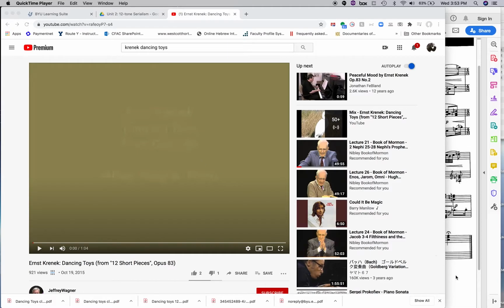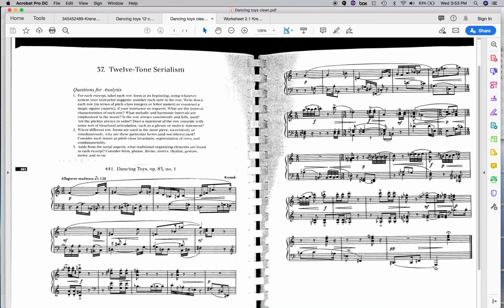Now, this is by this composer. I asked you to do sort of a 12 count on worksheet 2.1 of Dancing Toys by Ernst Krenek, a German composer who was very eclectic, a jack of all trades, tried lots of different methods and techniques, including 12-tone serialism.